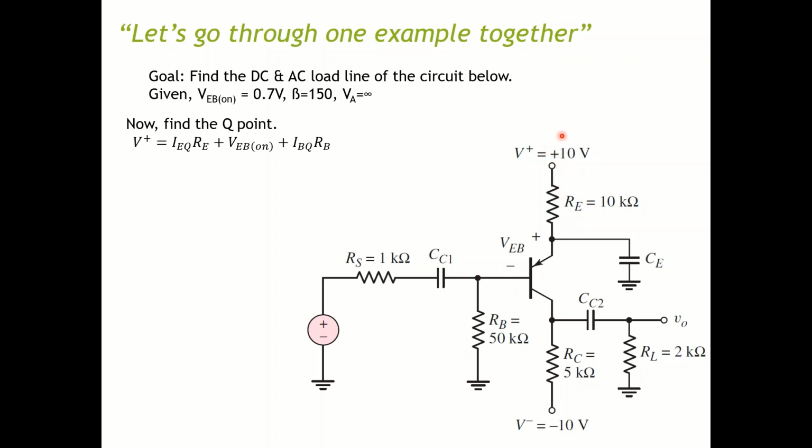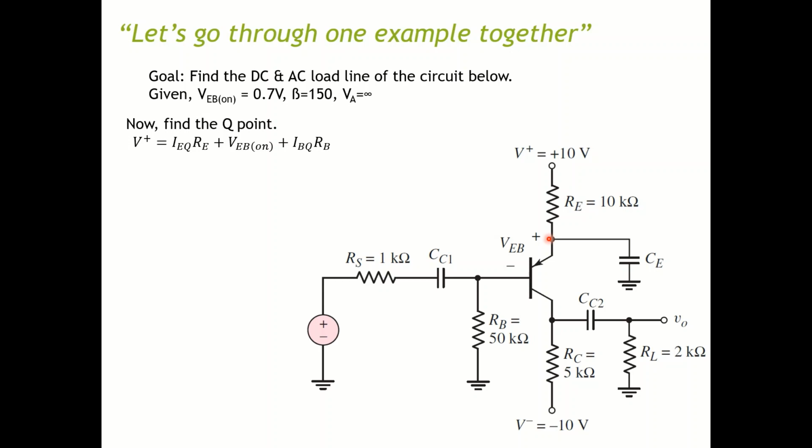So apply Kirchhoff's voltage law in this path or this loop. We start with V plus. V plus is going to be equal to the sum of the rest of the voltages. So the voltage across this resistor, add in here IEQ multiplied by RE.